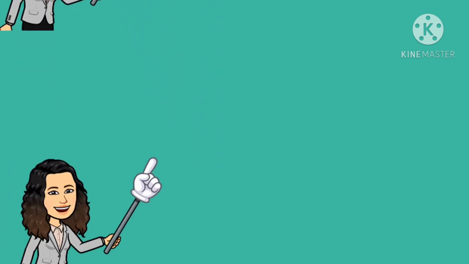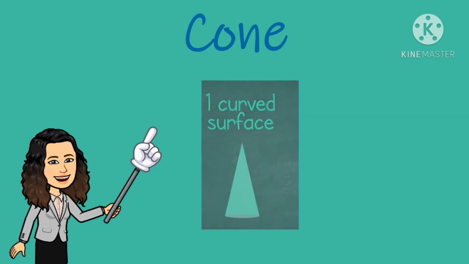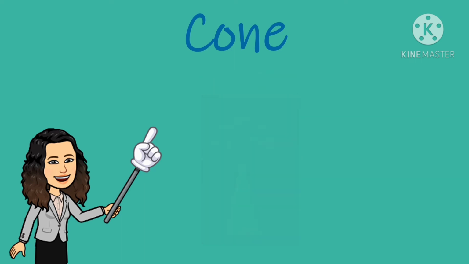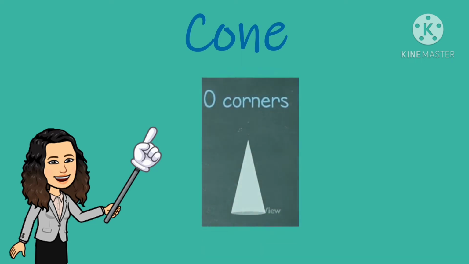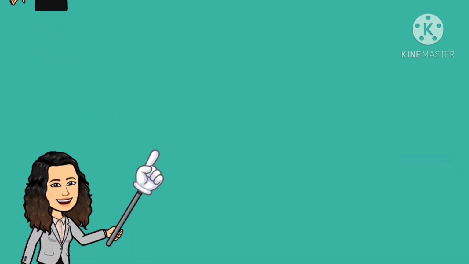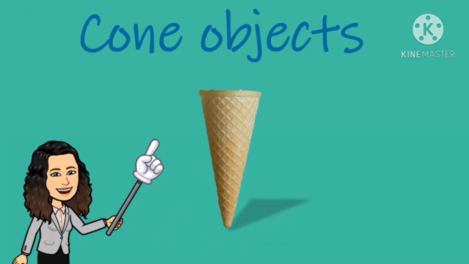It has 1 flat face, 1 curved surface, and 1 edge around its base but no corners. We have party hat, traffic cone, and ice cream cone for the cone-shaped objects.